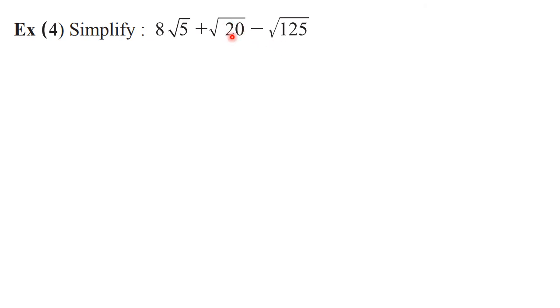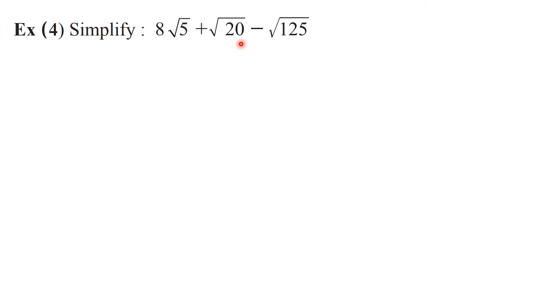So think of factors of 20 so that one factor should be a perfect square. So 20 we can express as 4 into 5. Or simply, you have to take help of this irrational part: here we have root 5, so here also in both places we should get root 5, and then only we can add or subtract.